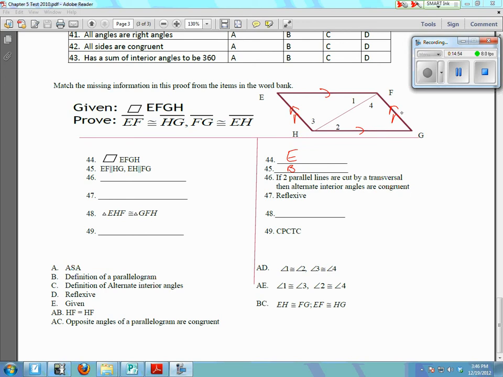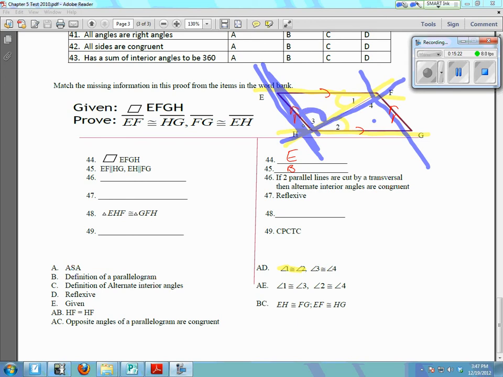If these are parallel lines, if that's a parallel line, that's a parallel line, this here's a transversal, so we know angle 1 is congruent to angle 2. So that part right there. And also let's look at that parallel line right there, that parallel line there, cut by that transversal.